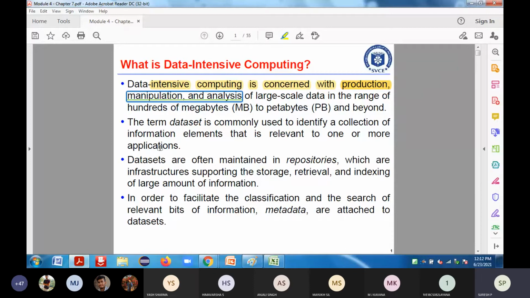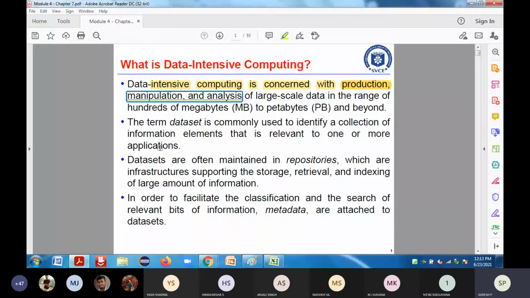Now whenever you have the data set, they are often maintained in repositories. That means whatever data sets you have will be stored in one place, which is infrastructure supporting the storage, retrieval and indexing of large amounts of information.